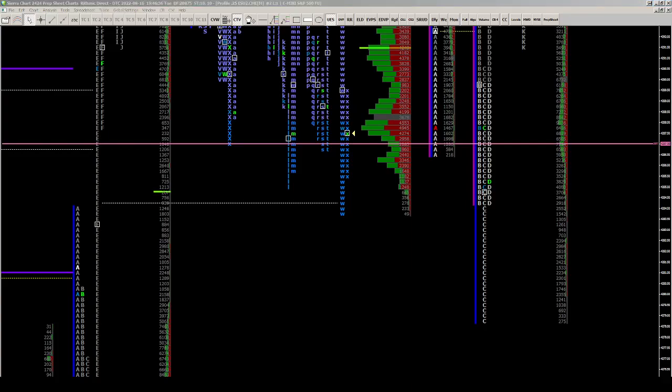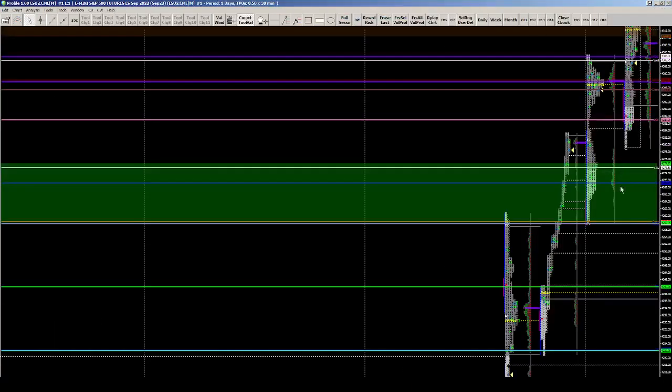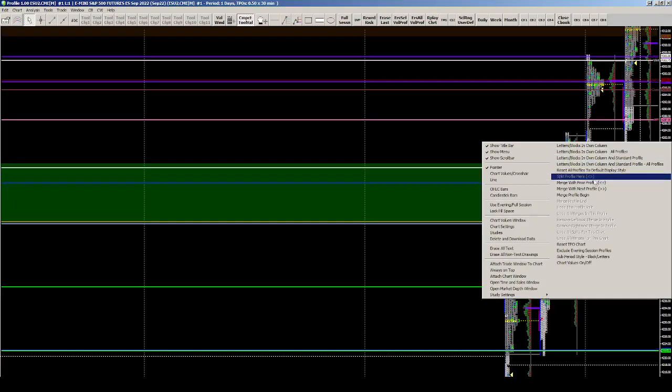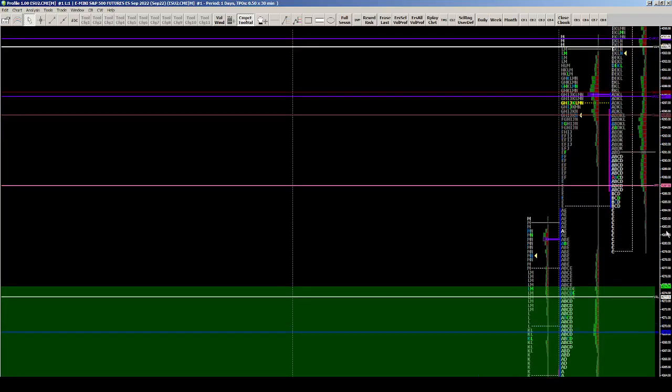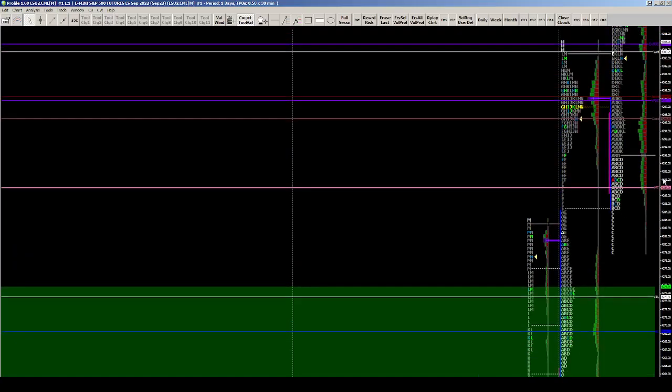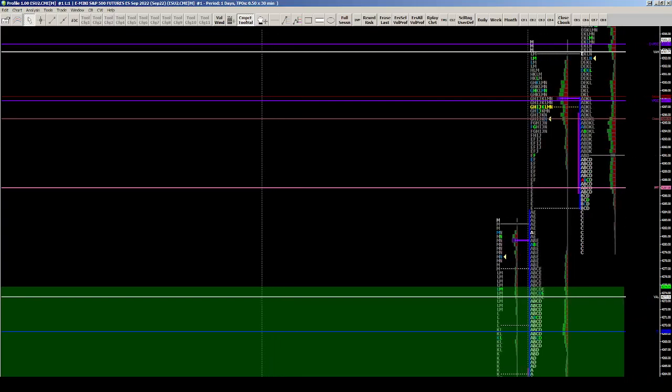It'll probably be easier to see this on a chart that I don't have the overnight session in there. Let me reset all the profiles. I'll spread this out a bit. Let me make it a little clearer. So you can see that there's a distribution here of volume and time.